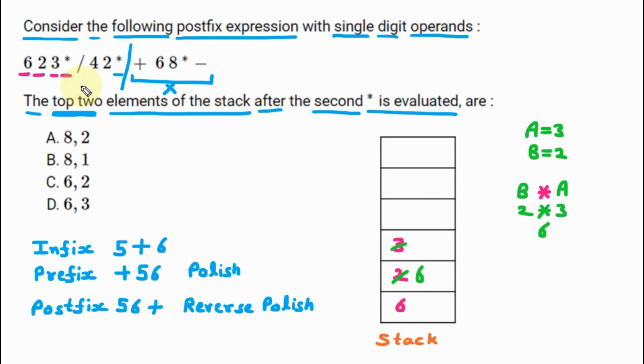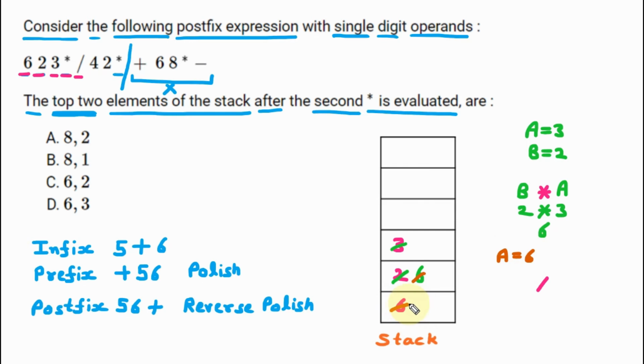Now afterward moving to the next, that is slash. That means it's a divide. So here the divide operator is encountered. Whenever an operator is encountered, we need to take out the top two elements from the stack. So here the top element is 6. Inside the A, we are taking the top element which is 6.